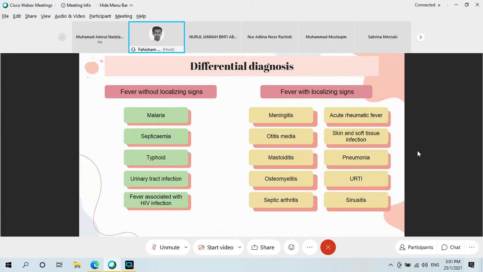It doesn't matter. So it's a carditis itself. So rheumatic fever is also a localizing sign, and you know from the history. Okay, alright, continue. Next.